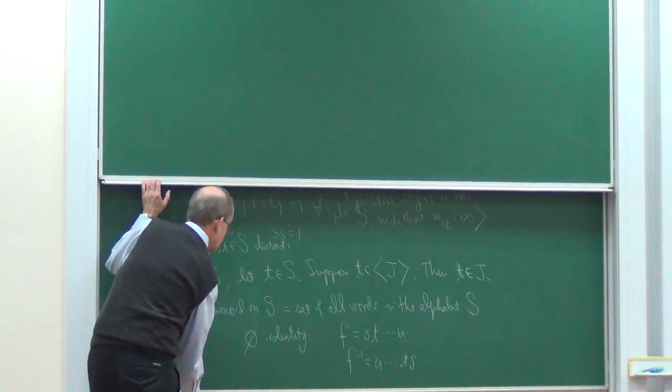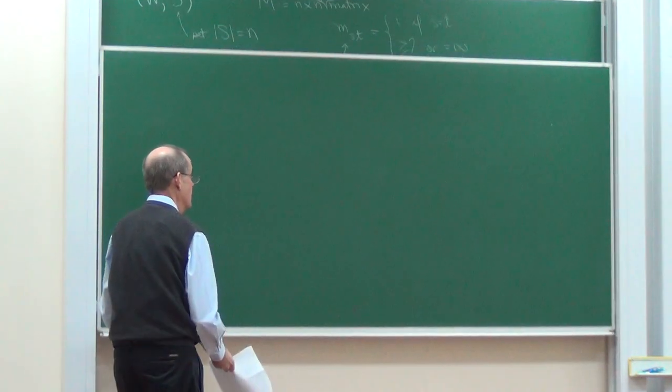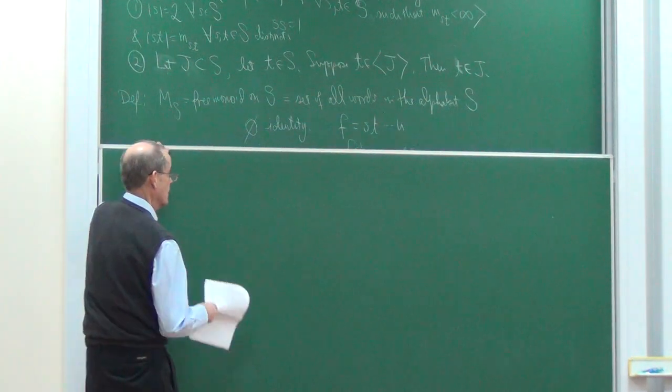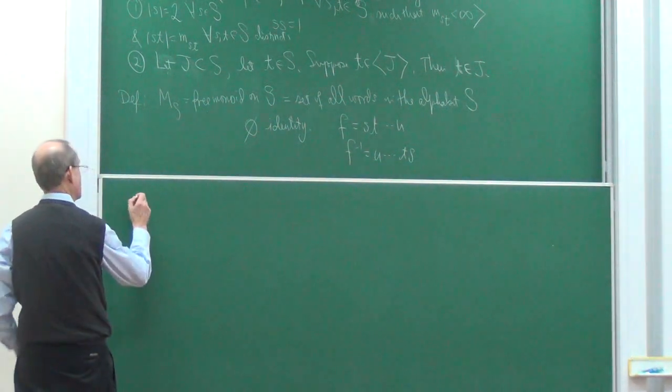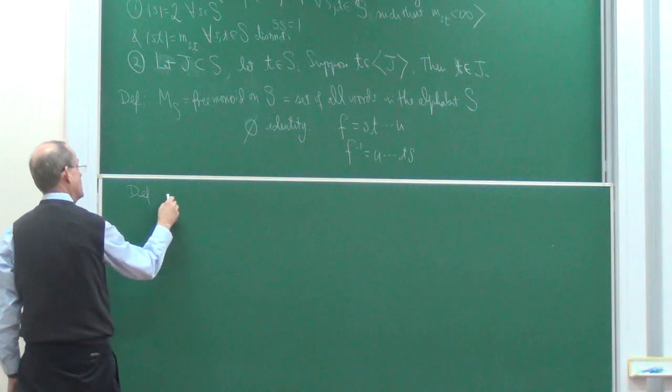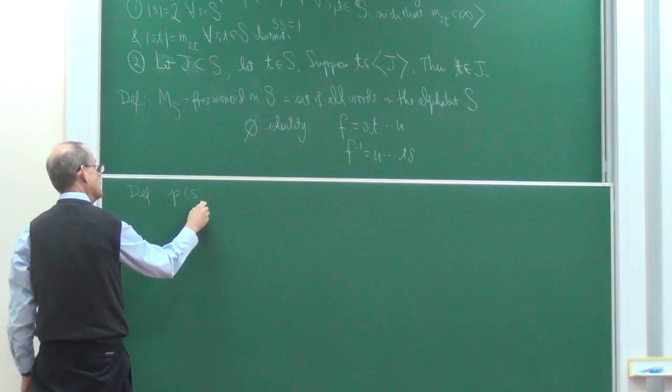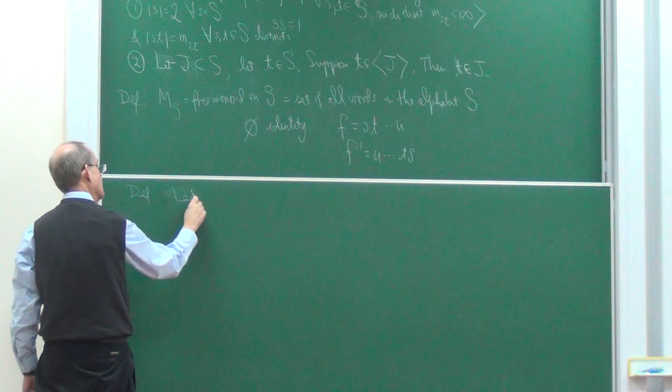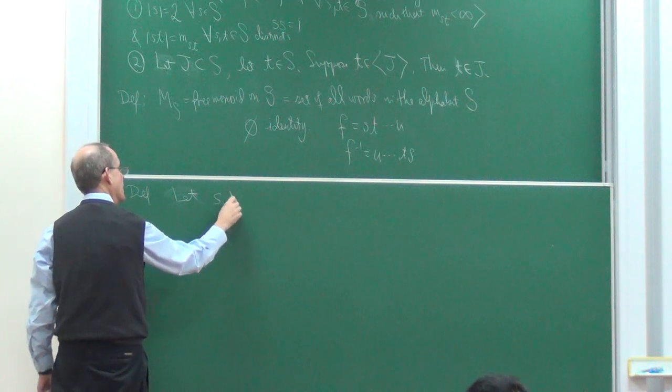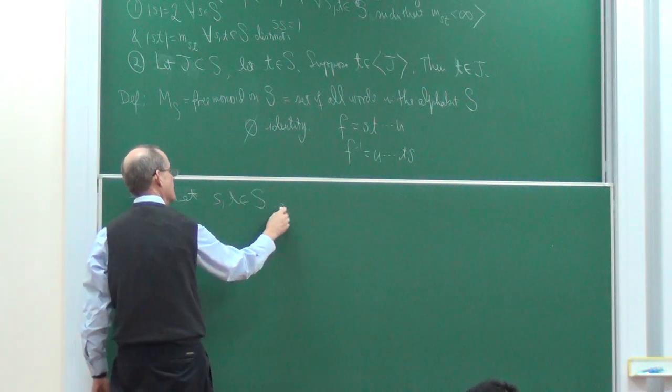And in the free monoid, there's a particular word that we need to define. So we define, we choose two distinct elements of S.